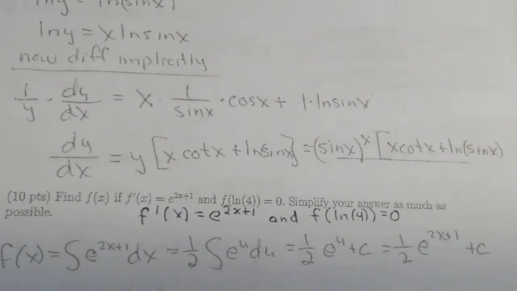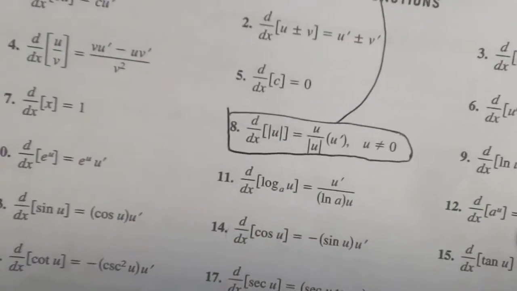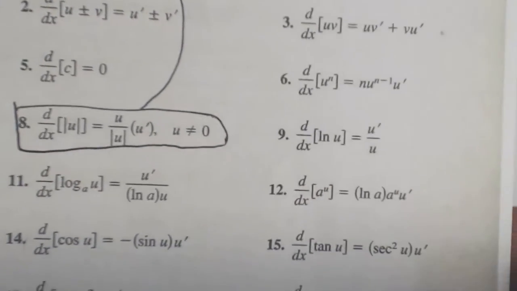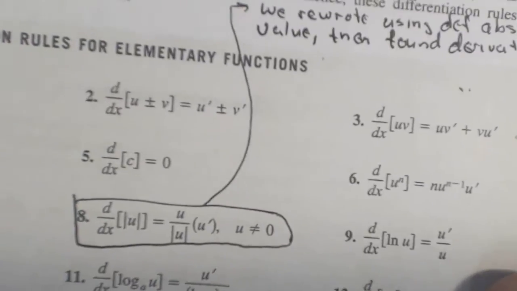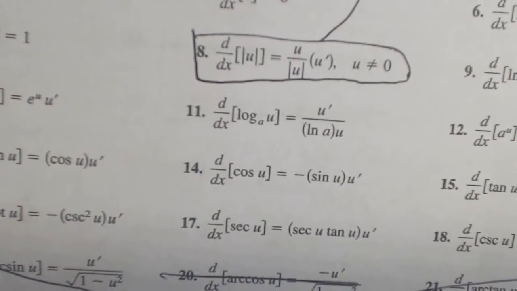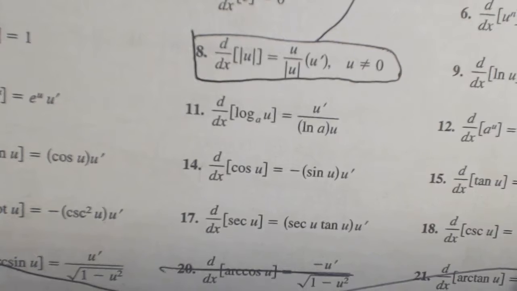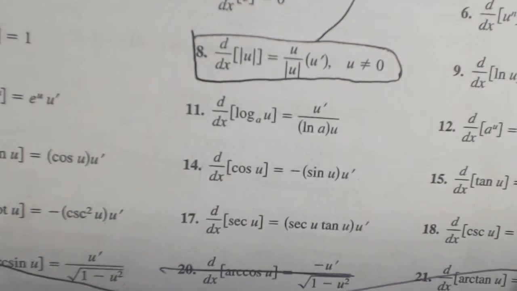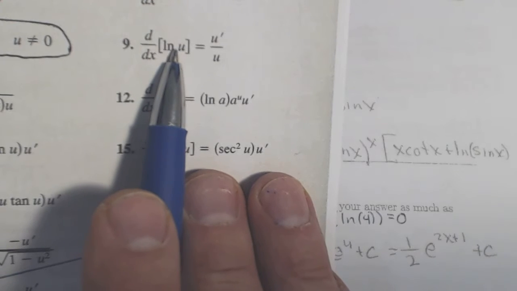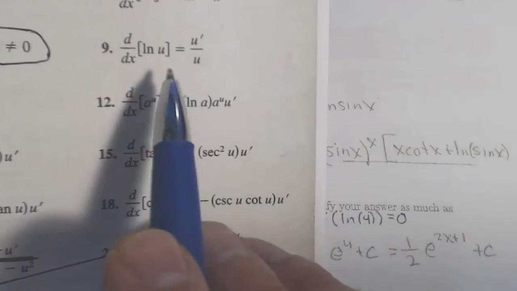Just looking for my little derivative page there, under the new page I added into Calculus in a Nutshell. Let's see if we can find that one we used on ln. Oh, it's right here. The derivative of ln u, and they've just written it this way.